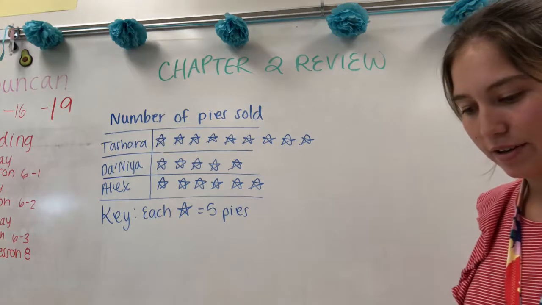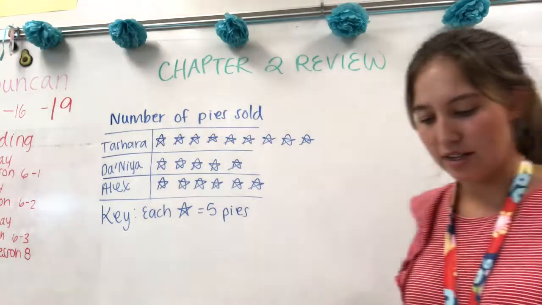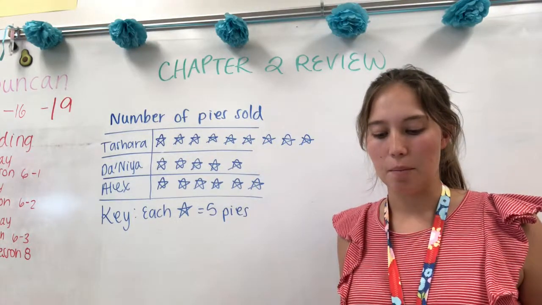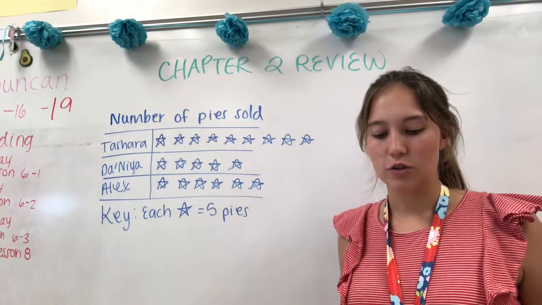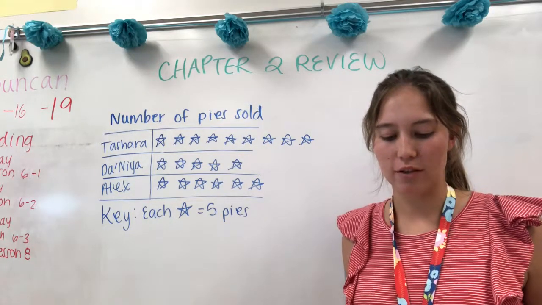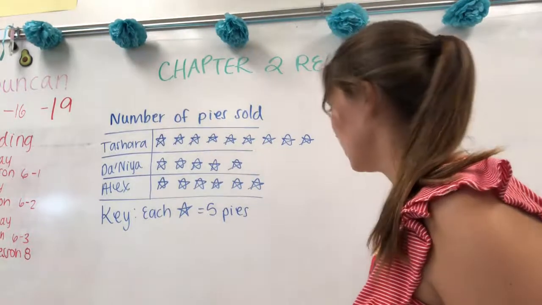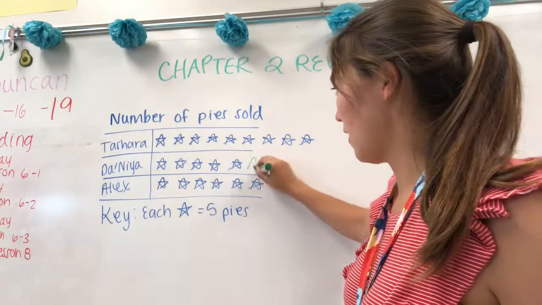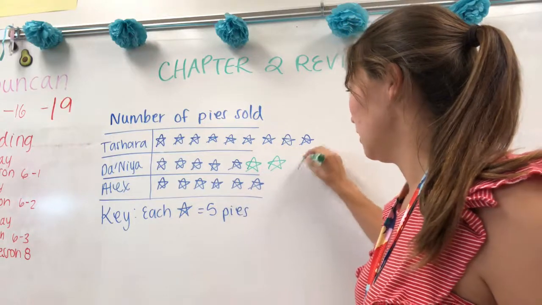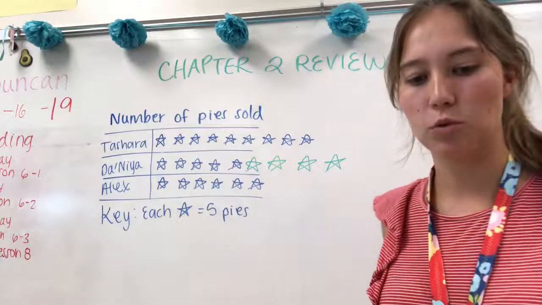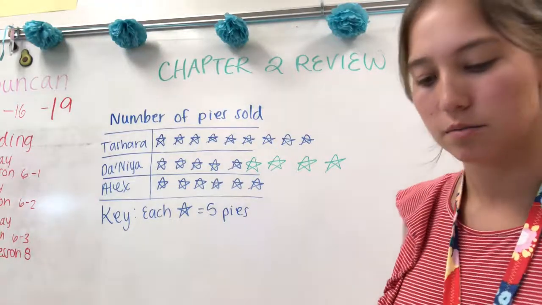What if Denaya sold 20 more pies? Draw a picture to show how the graph would change. 20 more pies. That would look like this. 5, 10, 15, 20. I added 20 more pies with 4 stars.